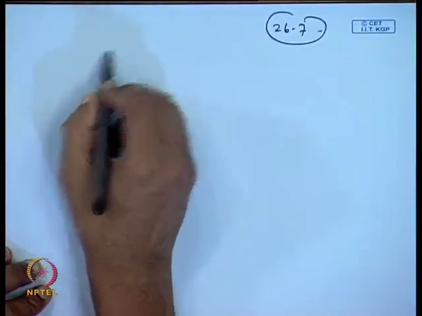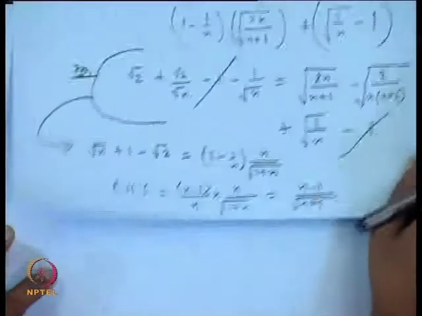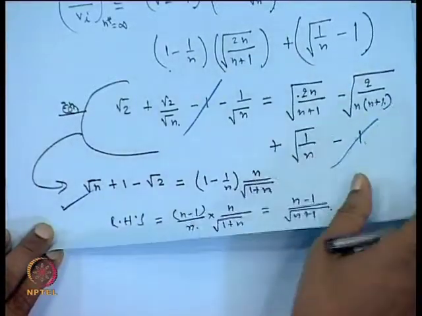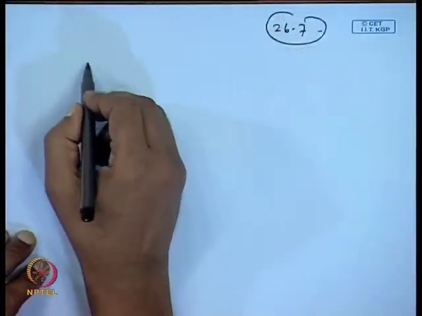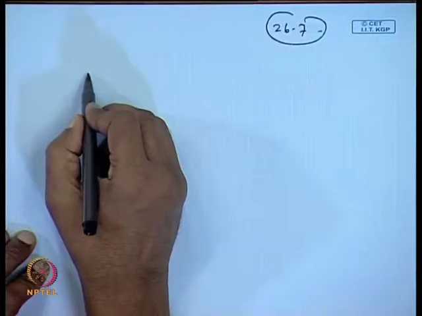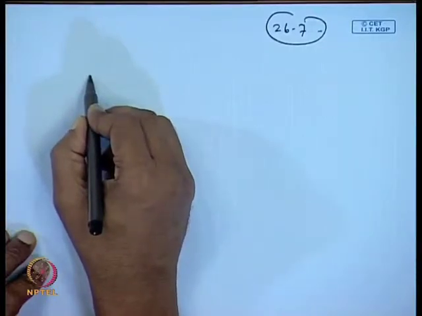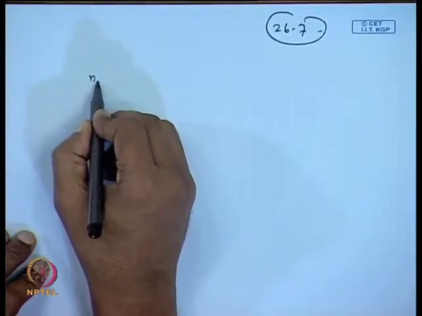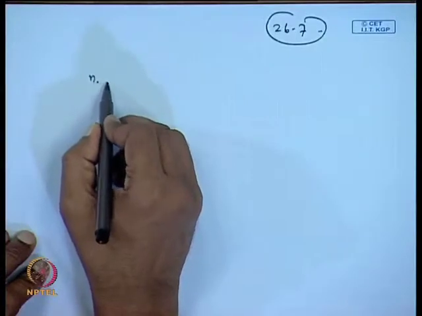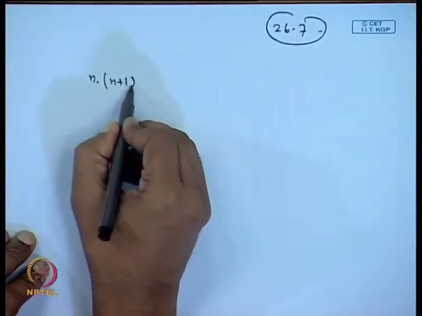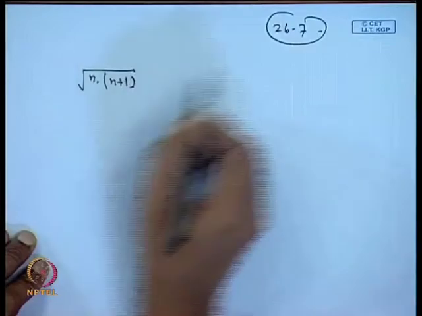Okay. So, therefore, this equation you can write as this particular equation, n times n plus 1 under root.